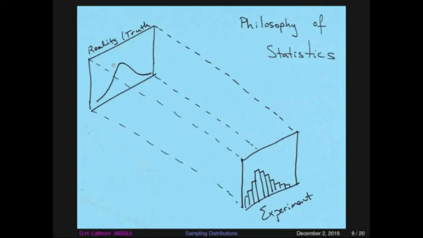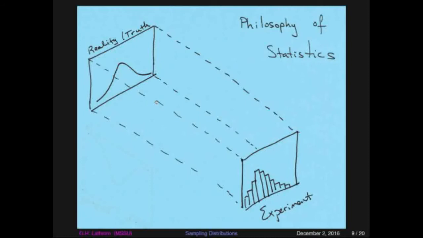There is something true back there. And what we are doing as statisticians is doing experiments and gathering data, and somehow we want to use that data to gain information about the truth in the background. That's really what we're doing with our experiments.